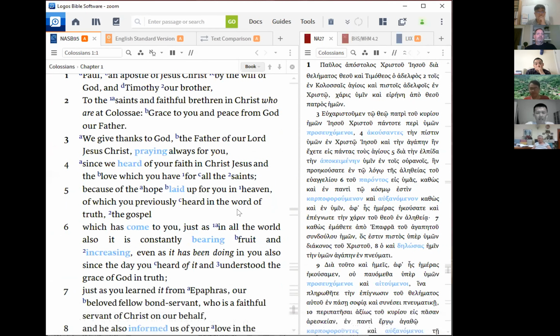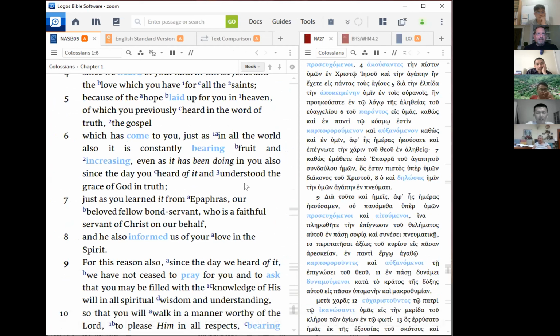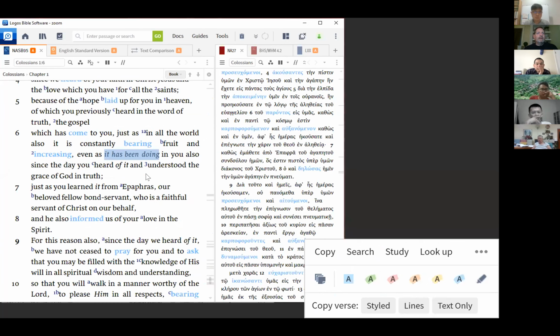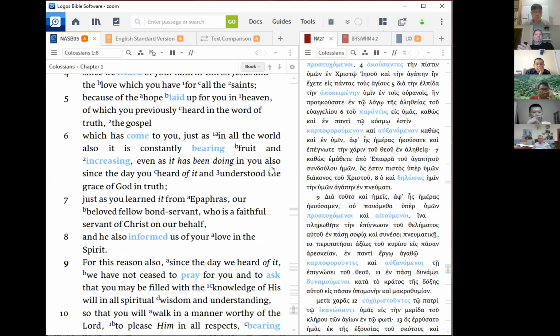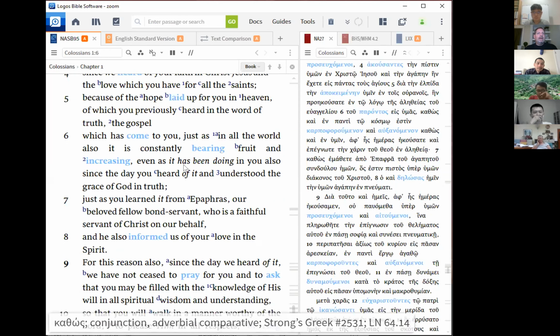For example, let's go down to verse 6. Do you guys see any words in italics there? "Has been doing." Yeah, even as it has been doing in you. Now, again, that clause is not in the original Greek over here. But the idea is there. It's just not there explicitly or literally. So if we had read this literally, it would be, "which has come to you, just as in all the world also, it is constantly bearing fruit and increasing, even as in you, since the day you heard of it."